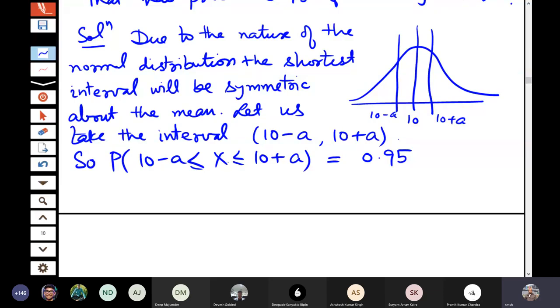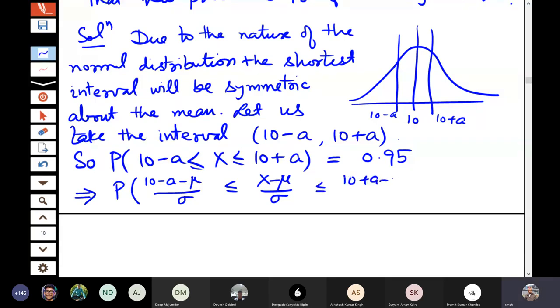So we convert it to the standard normal distribution: 10 minus a minus 10 by sigma less than or equal to x minus mu by sigma less than or equal to 10 plus a minus mu by sigma.